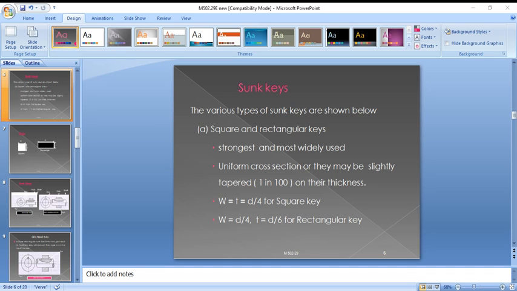One is rectangular sunk key, second is square sunk key, then parallel sunk key, gib-headed key, feather key, and Woodruff key. So these are all the different types of sunk keys. First we will see the rectangular sunk key.